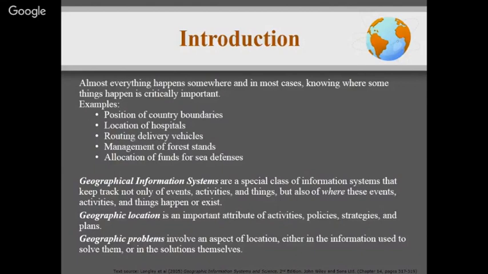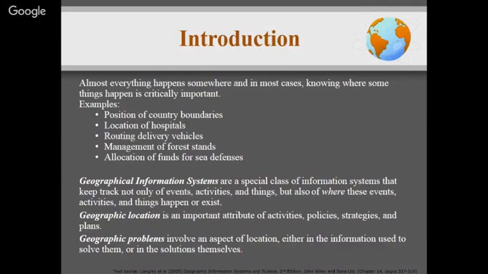Geographical information systems are a special class of information systems that keep track not only of events, activities, and things, but also of where these events, activities, and things happen or exist. The key word over here is where. Where stands for the location of a place.